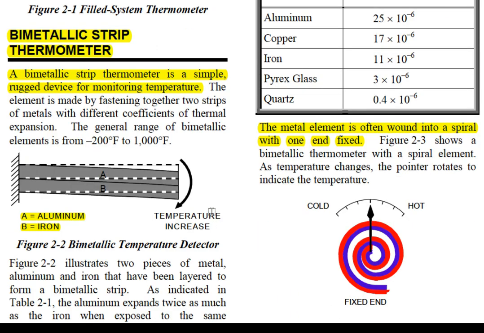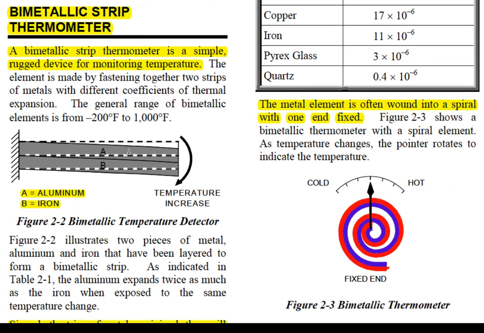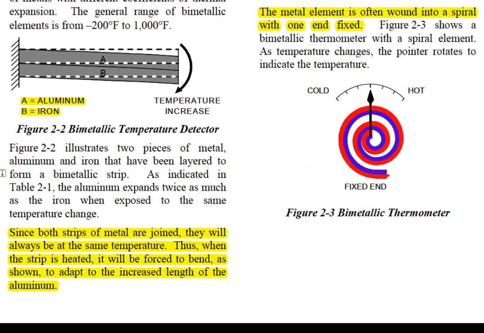So that means even though the iron and the aluminum are at the exact same temperature, say 100 degrees Fahrenheit, the aluminum is actually going to expand further than the iron. And since they are mounted together, the aluminum will either bend the iron one way or the other way, depending upon what the temperature change is, which is pretty neat.